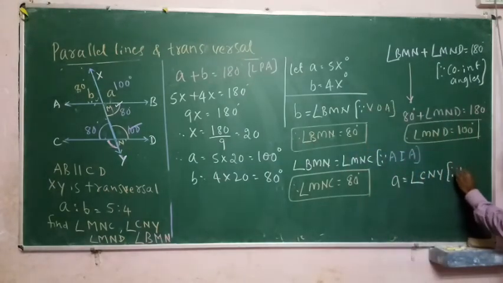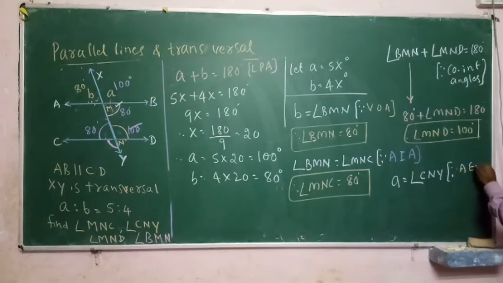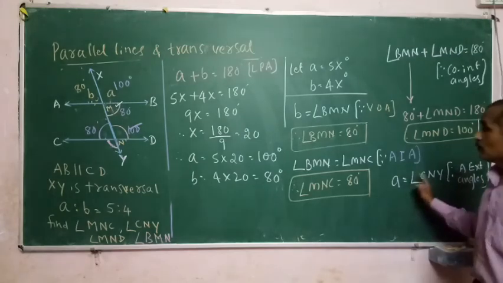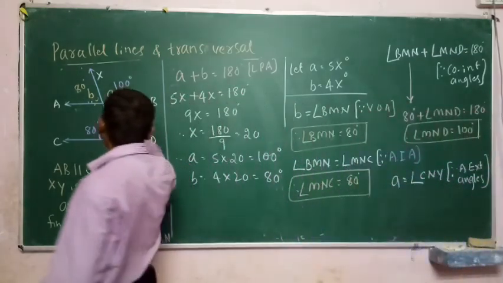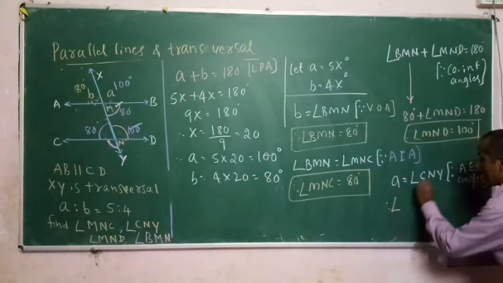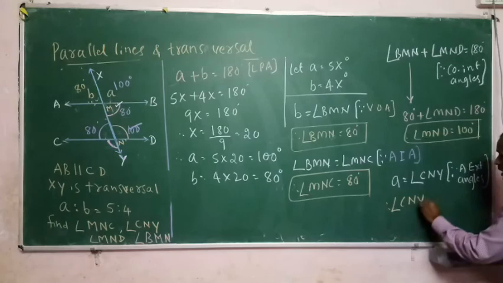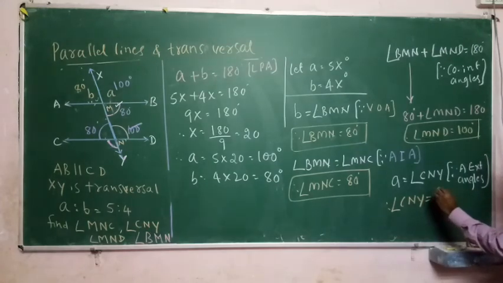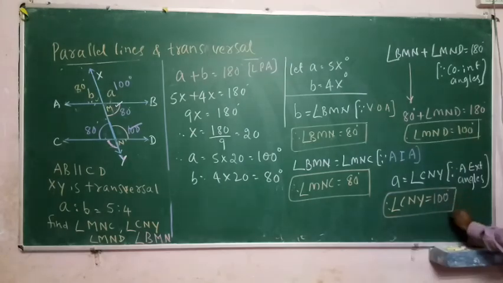This is because of alternate exterior angles. Which angle is known to you? A is known. How much? 100 degrees. Therefore, you can say angle CNY is also equal to how many degrees? 100 degrees. That is the end of the problem.